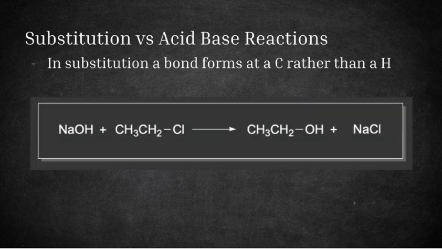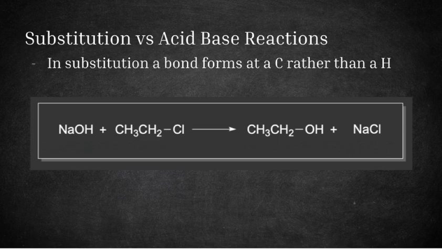Substitution reactions follow a similar pattern. The four components are the nucleophile, the substrate or electrophile, the product, and the leaving group. In this case, the nucleophile donates electron density to the electrophilic delta plus carbon atom in the substrate, which is bonded to an electronegative chlorine atom. The chlorine leaves as the leaving group, resulting in a product where the nucleophile takes its place in the starting material.